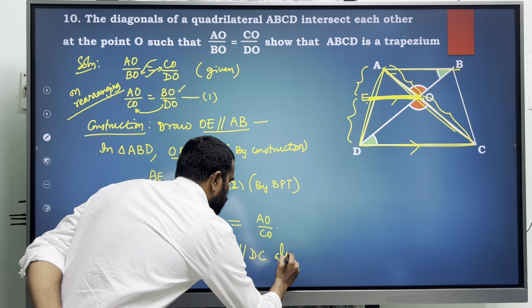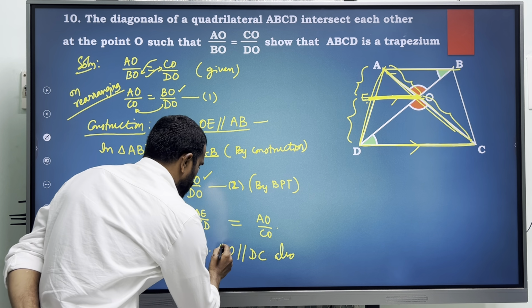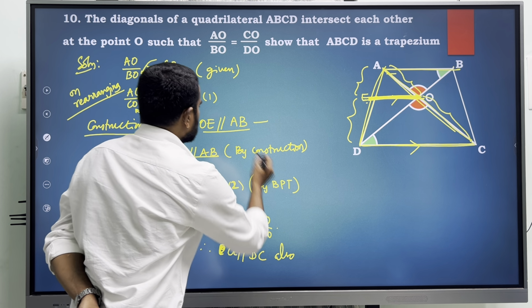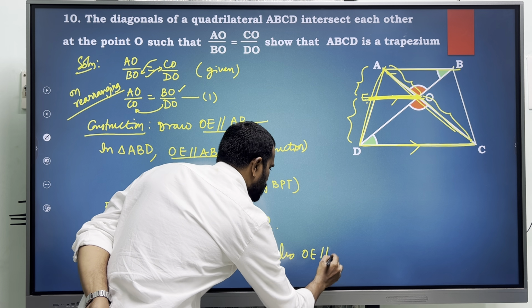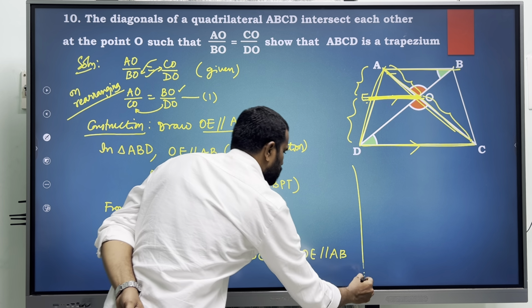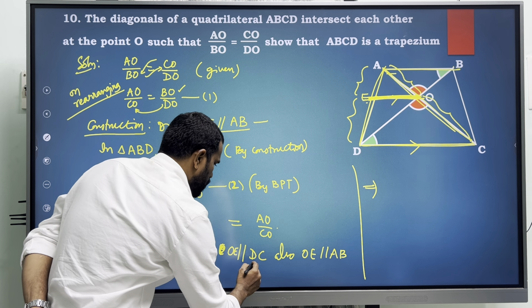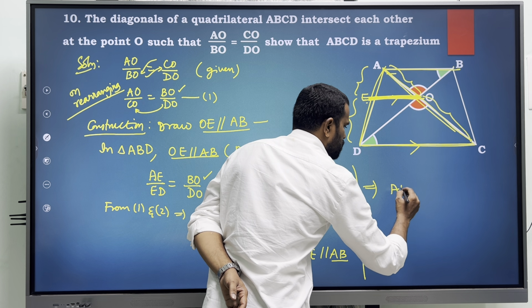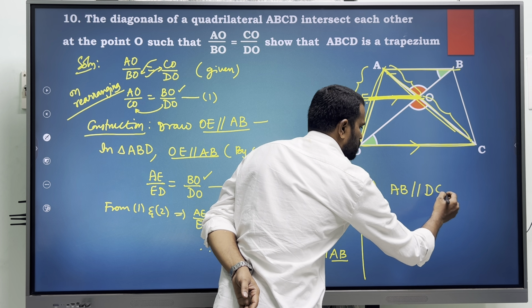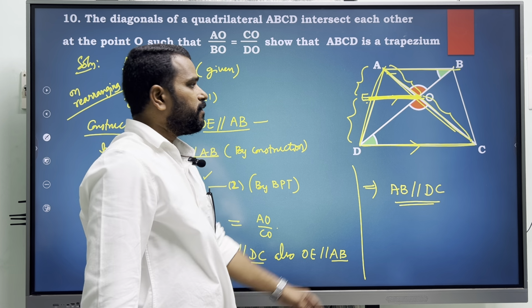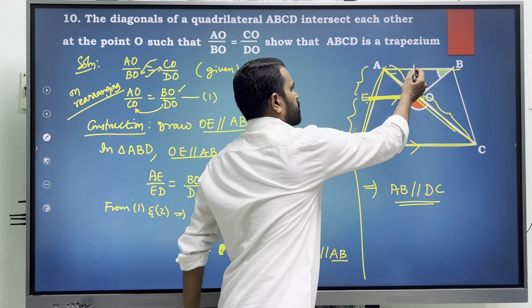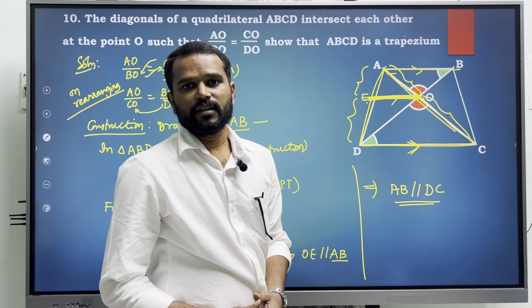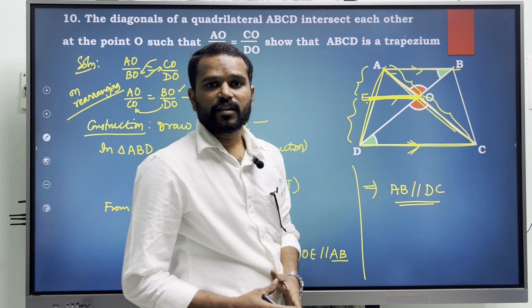Also, OE is parallel to DC. Also OE is parallel to AB. That implies DC and AB are also parallel. AB is parallel to DC. If in a quadrilateral two sides AB and DC are parallel, then we can say that the given quadrilateral is a trapezium.